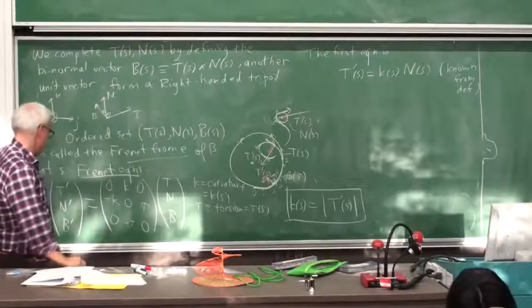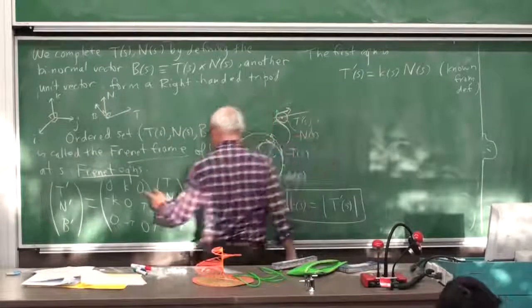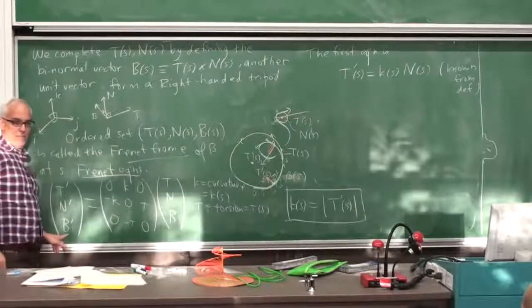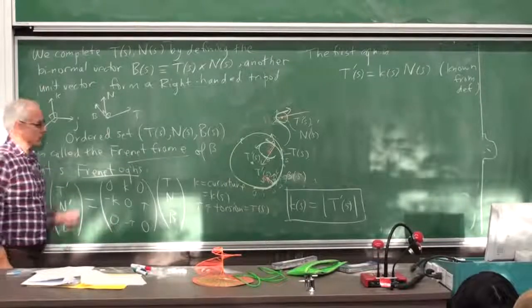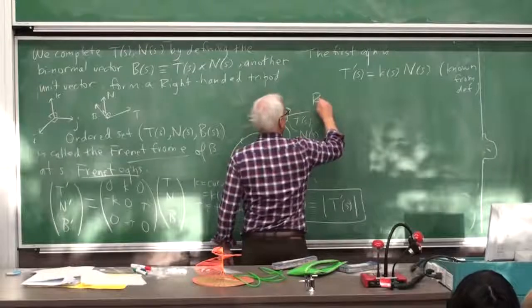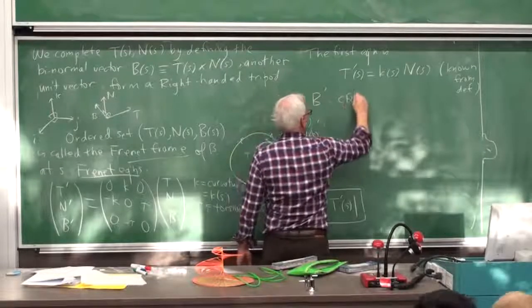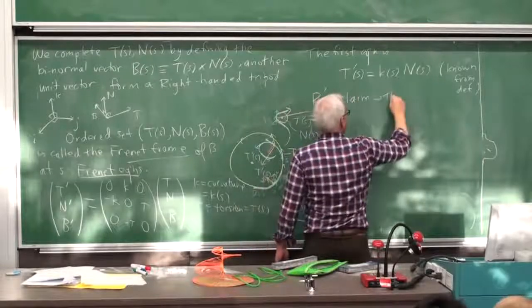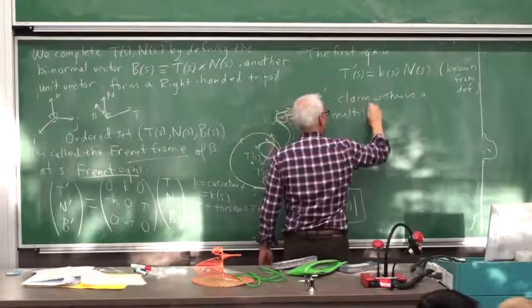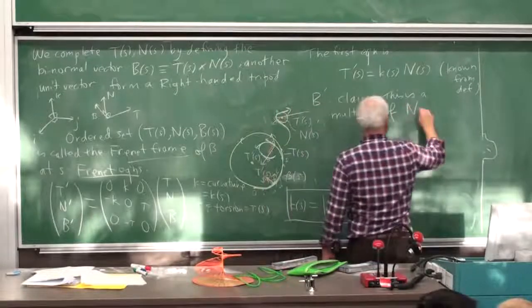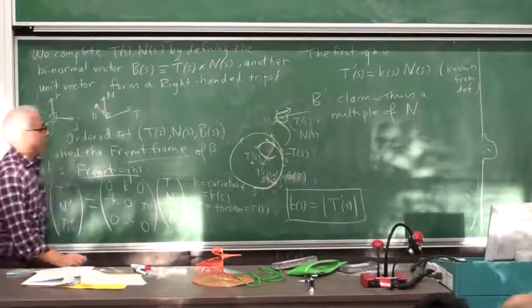Okay, so what next? Well, the next easiest one is actually the B prime, because it only involves a single entry. So let's have a look at B prime, and the claim is that this is a multiple of N. Okay, why is that?